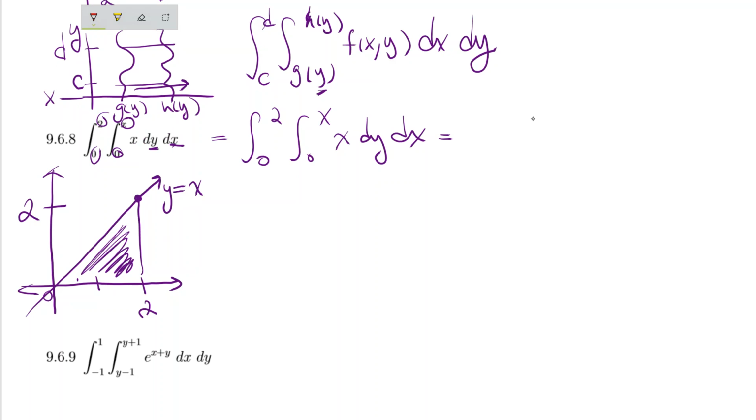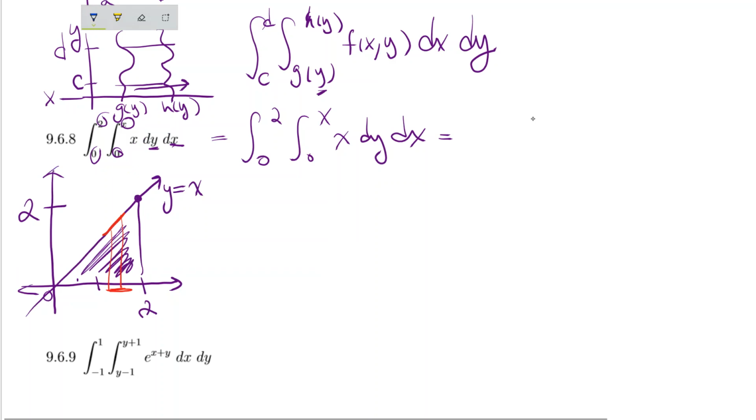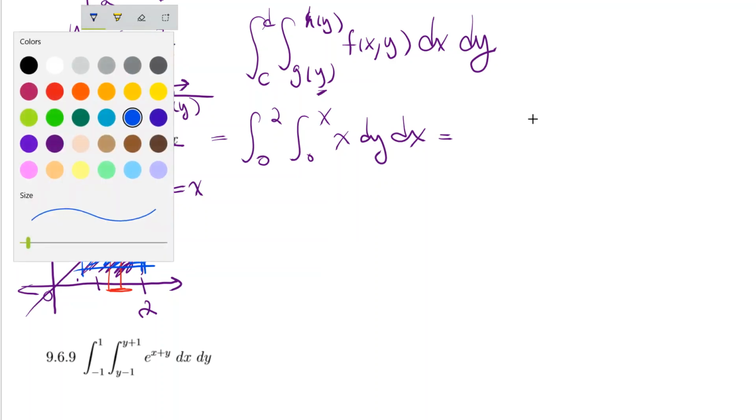So in the y direction I'm going this way, starting at 0 and then going up to x. And then in the x direction, I'm going this way, starting at 0 and going to 2. It's kind of weird looking when you write it that way.